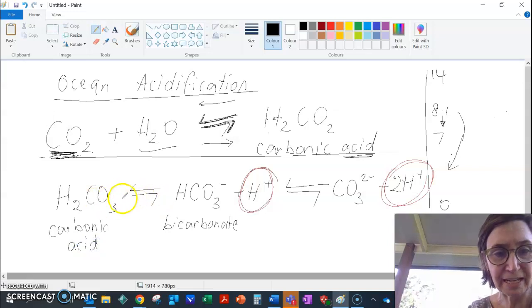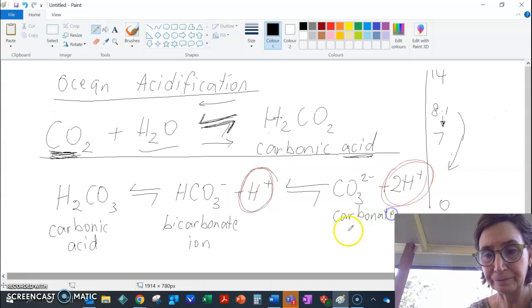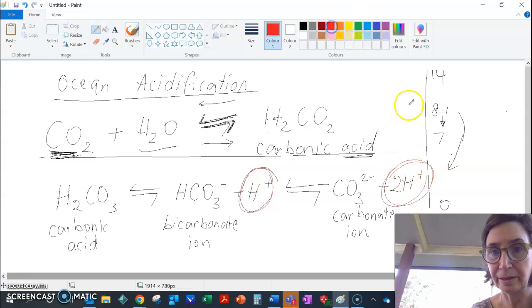It dissociates or separates a little bit into the bicarbonate ion. The bicarbonate ion then dissociates again into a carbonate ion. This is why carbon dioxide is causing ocean acidification.